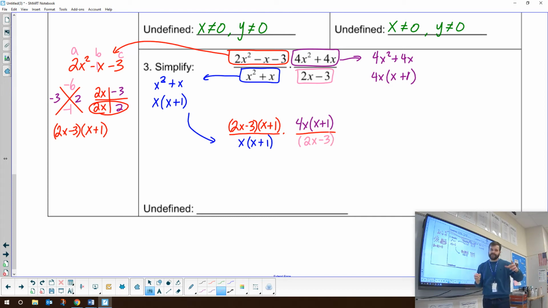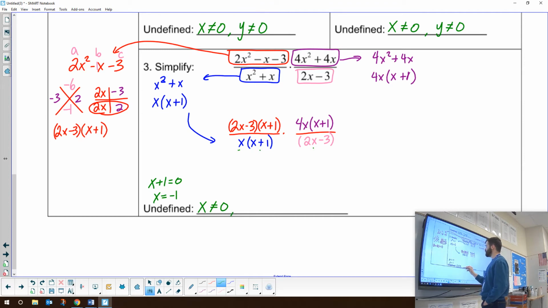Okay, now that we've factored, we're going to find what my undefined values are. My undefined values are when we take my factors in the bottom and set them each equal to 0. If I set x equal to 0, we get an undefined value: x can't equal 0. X plus 1, set that equal to 0, and we get x equals negative 1.